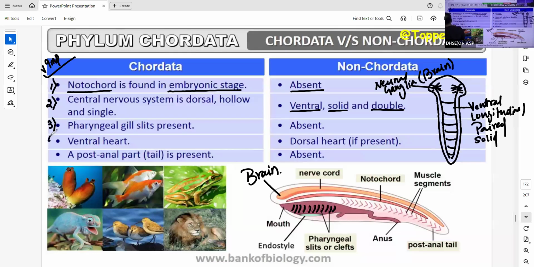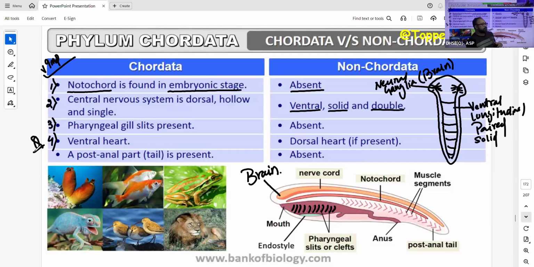Then another very important difference. This question was asked in NEET 2023. It said, which of the following statements is incorrect? There in chordata it was mentioned as a dorsal heart.